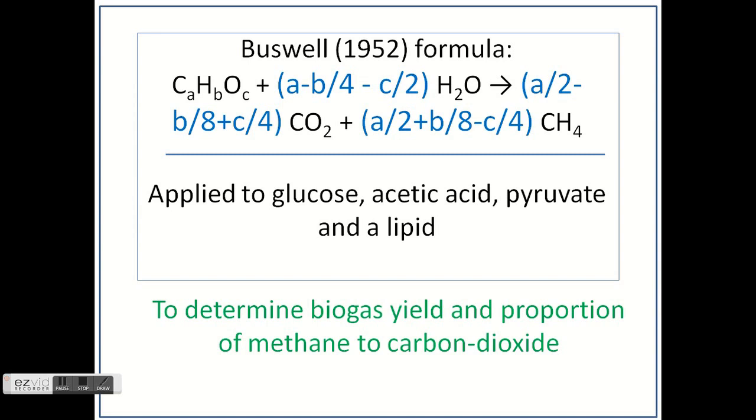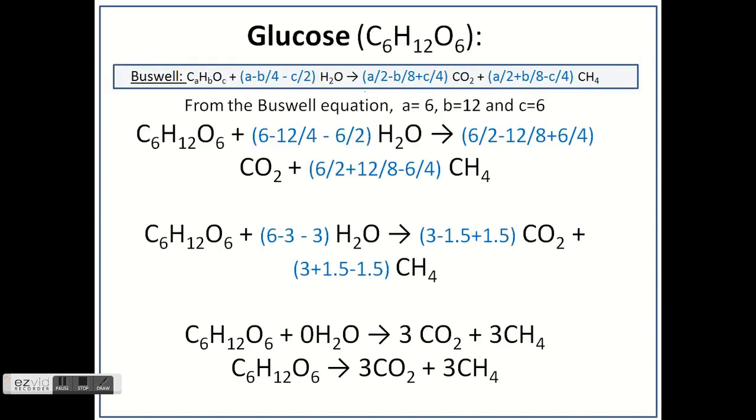So let's go ahead and look at the first substrate. That's glucose, and I've reproduced the Buswell equation here. So we look at this equation, we would find out that the A is 6, the B is 12, the C is 6.